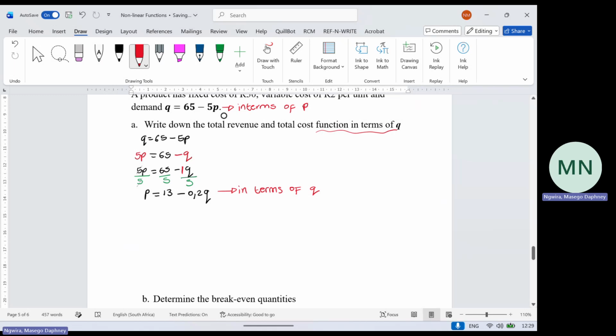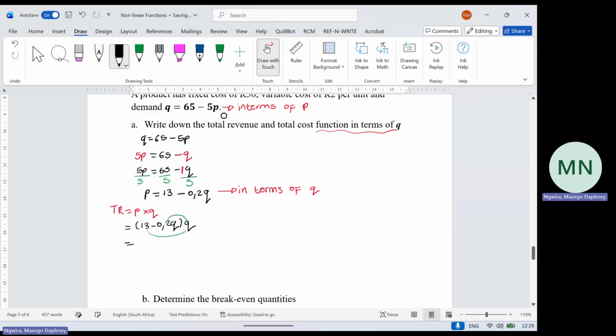And then now let's calculate what they want. They wanted the total revenue and the total cost. Total revenue is equal to, we all know, P times Q. Our P is here, 13 minus 0.2Q, and this is times my Q. Then we distribute: this times that, this times this.